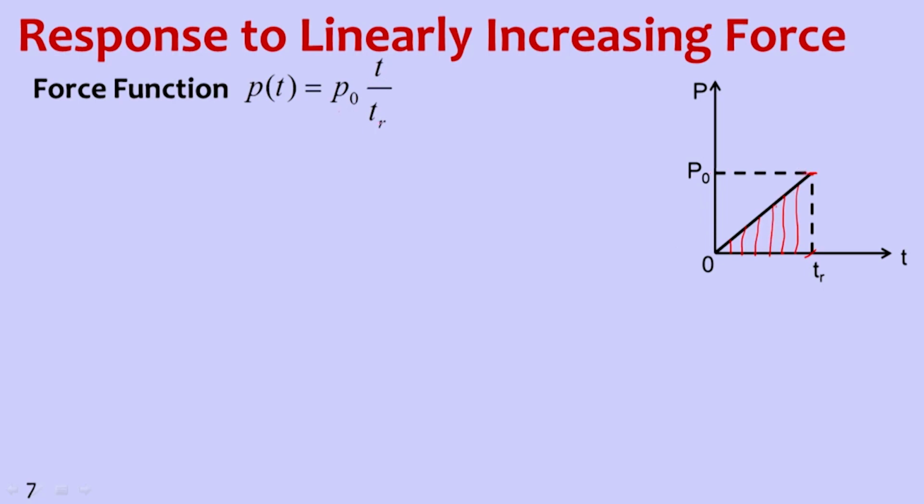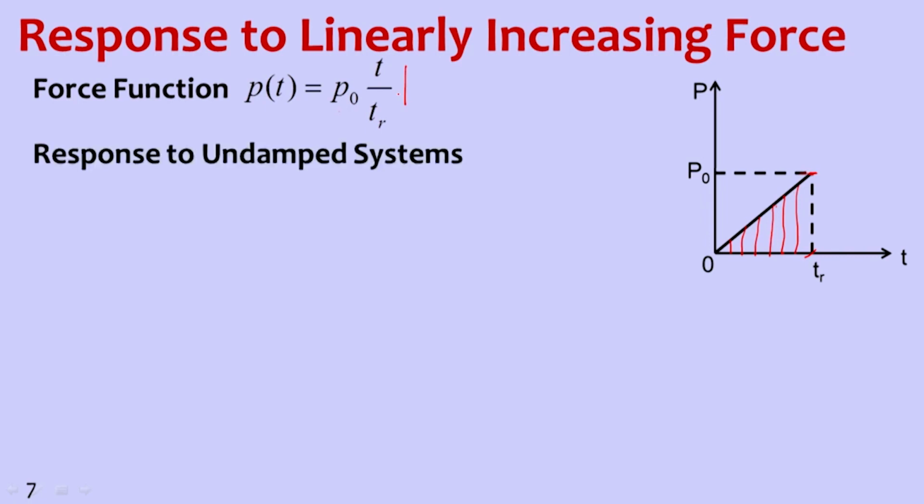If we take this as a force and apply it in our Duhamel's integral, or the convolution integral, let us look at how the solution will be. Response of undamped systems: 1 by m omega n integral P of tau sin omega n (t minus tau) d tau.